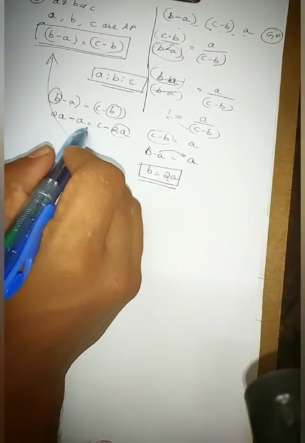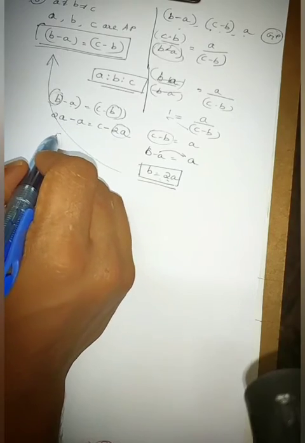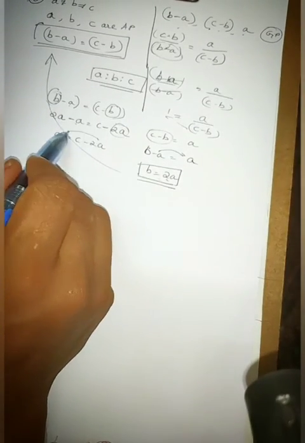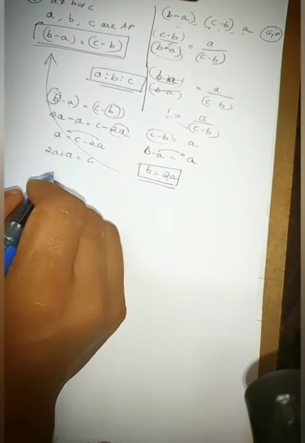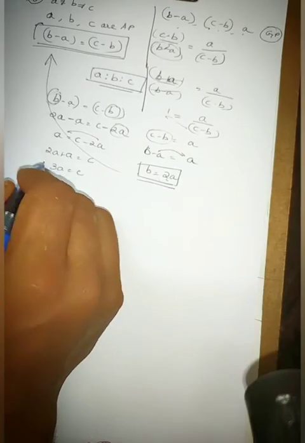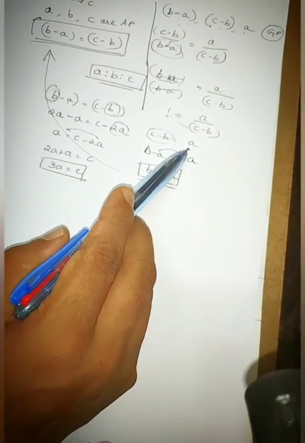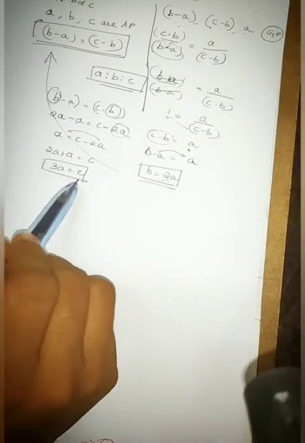So then here you can see that 2A minus A is nothing but simply A, which is equal to C minus 2A. Then 2A will shift to the other side, it becomes 2A plus A is equal to C, which means 3 times A is equal to C. You can see that if A is 1, B will be 2, C will be 3.